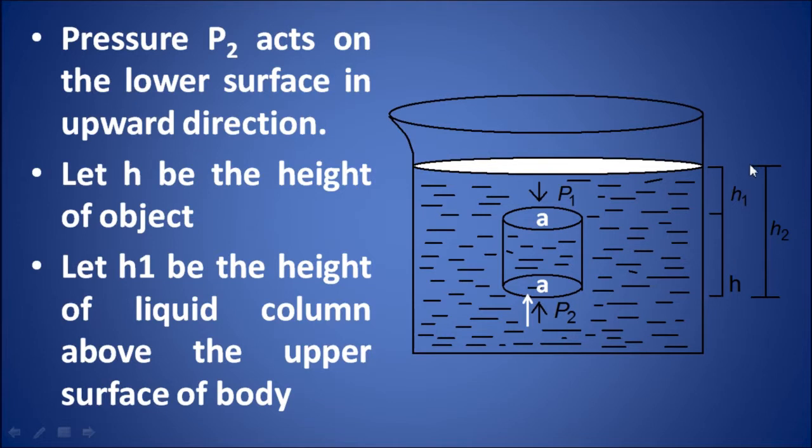Let h be the height of the object. Let h1 be the height of the liquid column above the upper surface of the body.